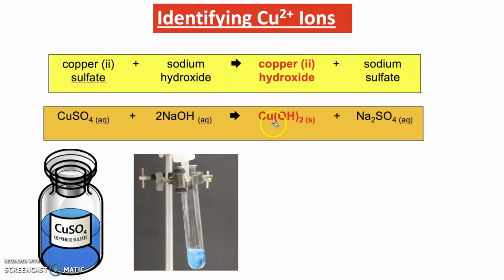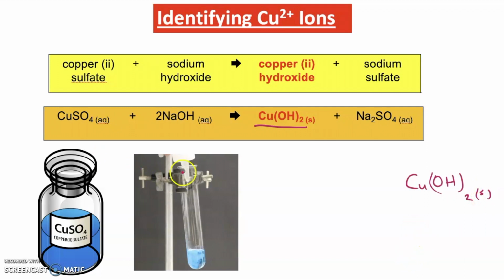Now we've seen previously when studying precipitation reactions that ionic equations are used to describe these reactions. In an ionic equation I just have to identify what the precipitate is. So in this case it's copper(II) hydroxide, Cu(OH)2, and I write this down and then I draw an arrow to this compound.